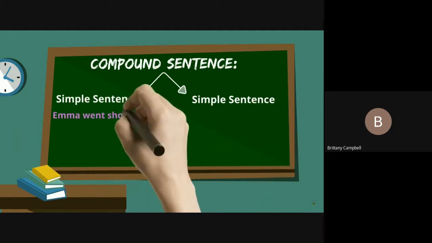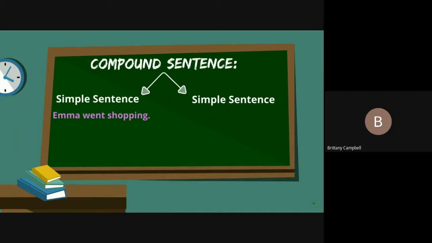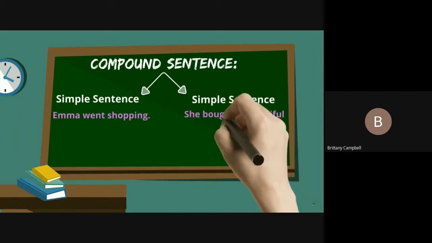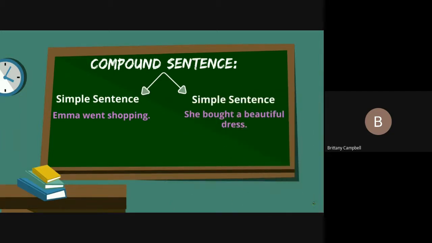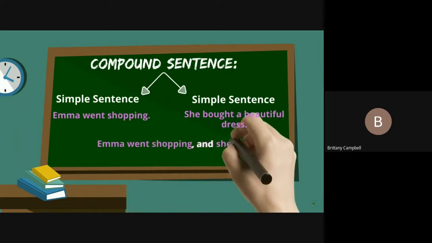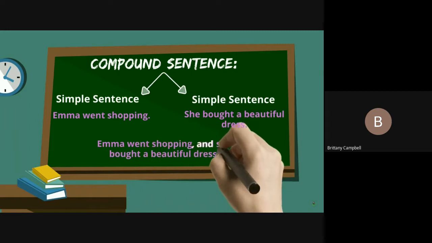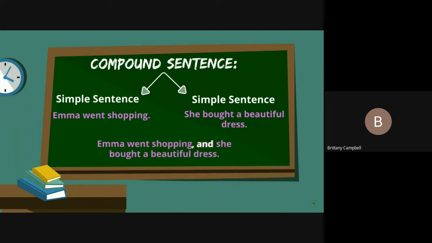Emma went shopping. She bought a beautiful dress. So, what do you think the right connecting word to join similar ideas is? And. Emma went shopping, comma, and she bought a beautiful dress. This is a compound sentence. Two subjects and two predicates.